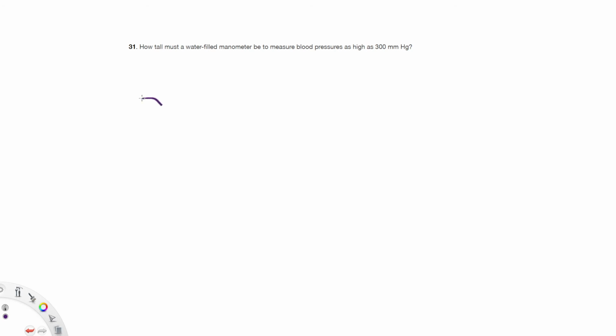Okay, so a manometer is a curved bit of tubing, and it's connected to 2 different fluids, one on each end. So let's say on one side is water, and on the other side is mercury.